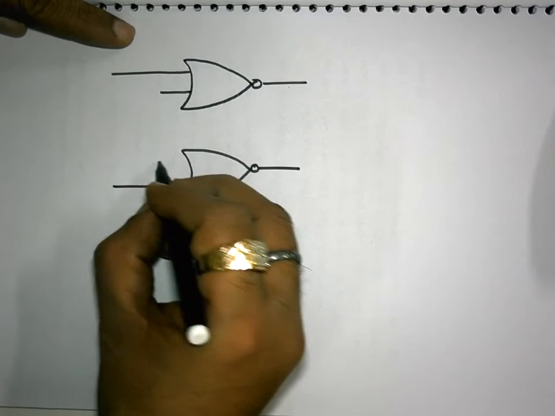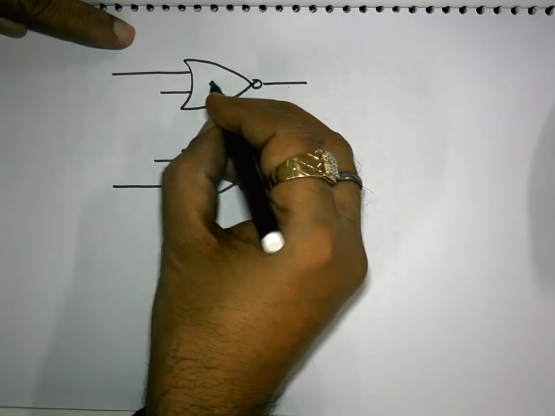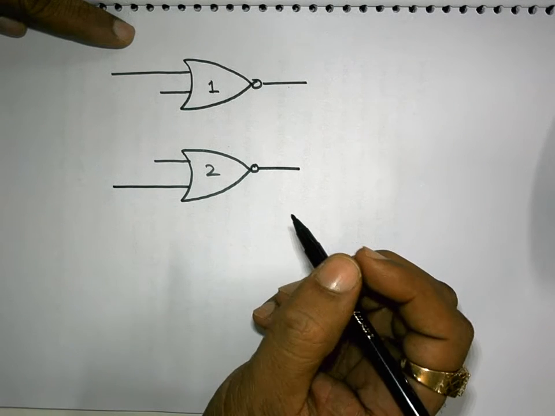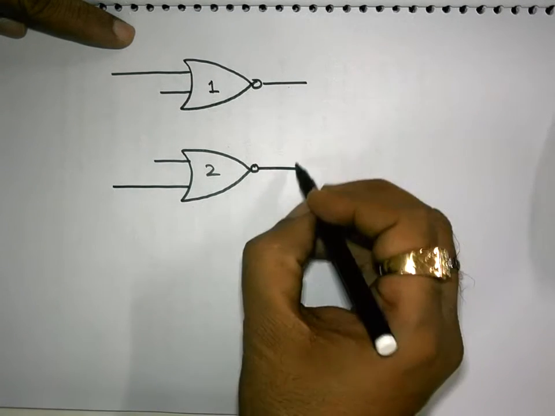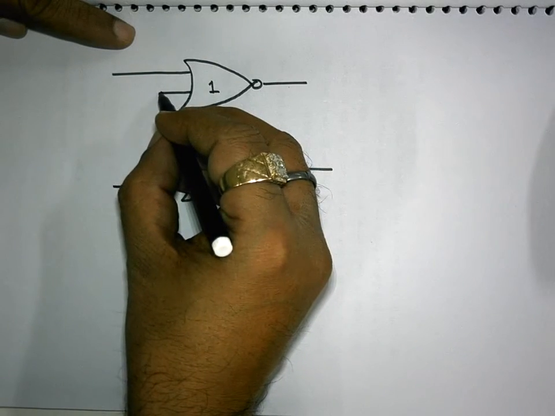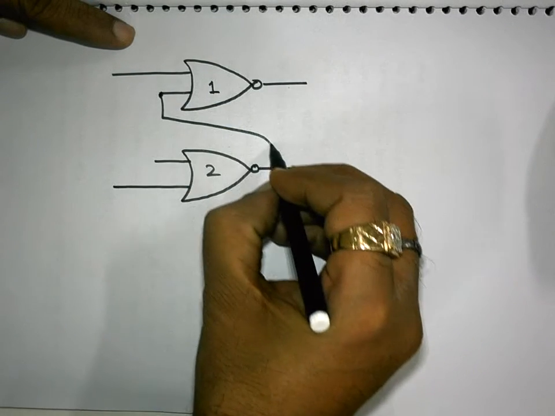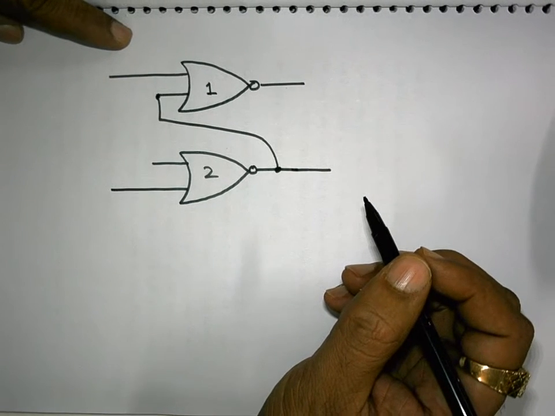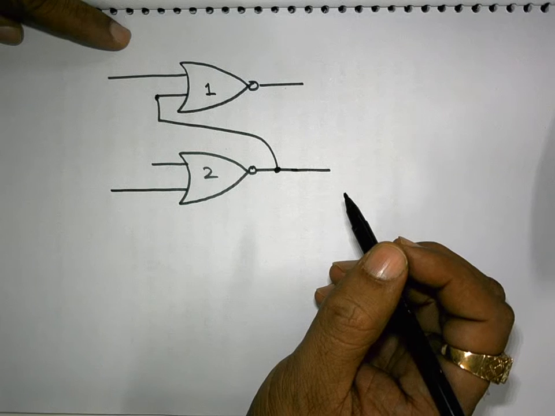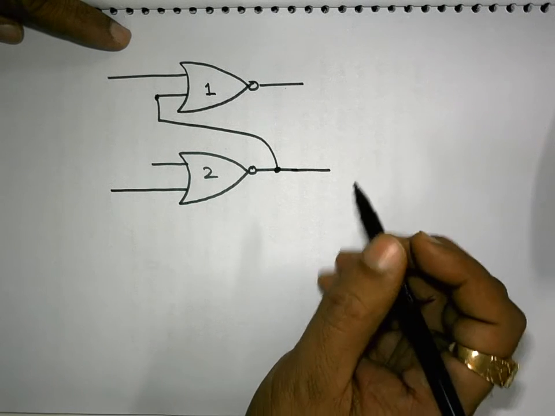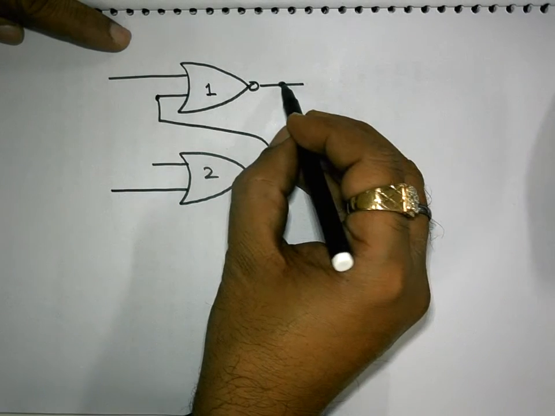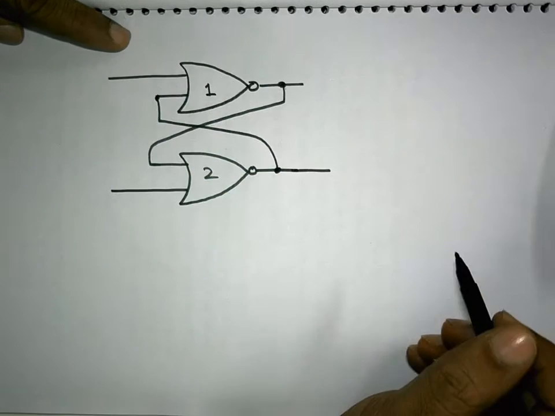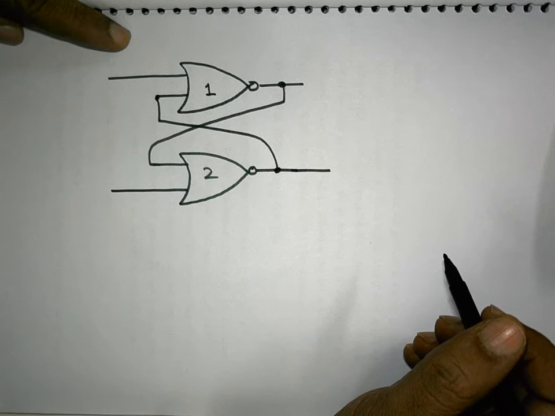You see, this is two NOR gates, gate number 1 and gate number 2, and we form this circuit like the output of NOR gate number 2 is coupled with one of the inputs of NOR gate number 1, and the output of NOR gate number 1 is coupled with one of the inputs of NOR gate number 2.